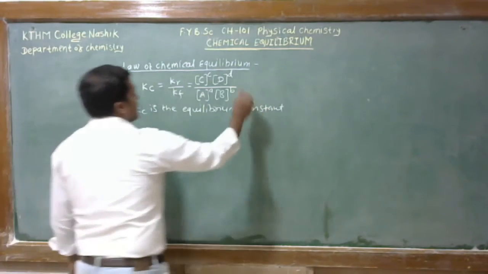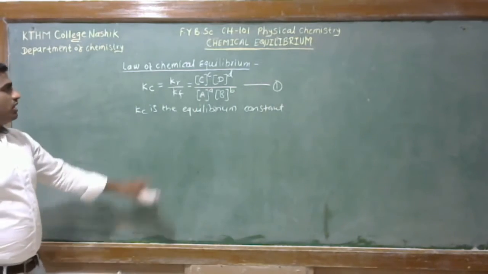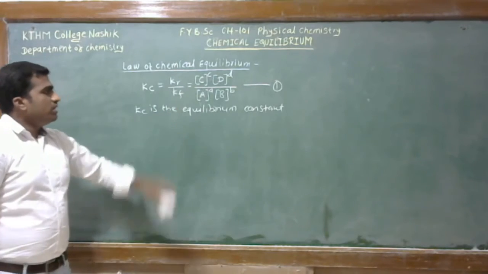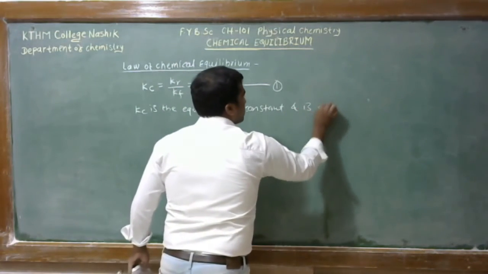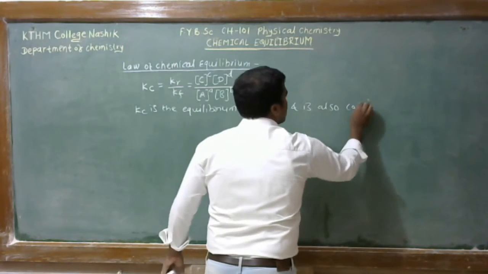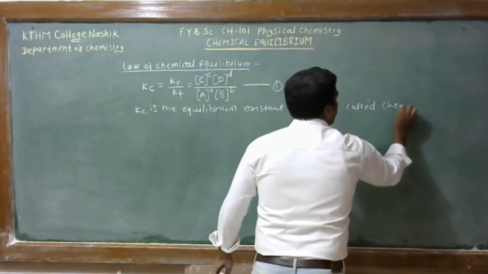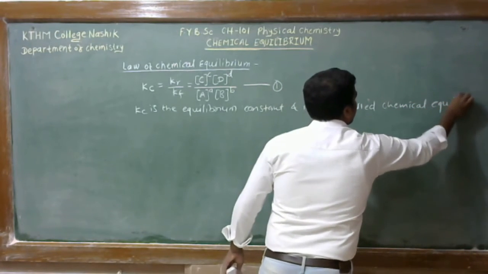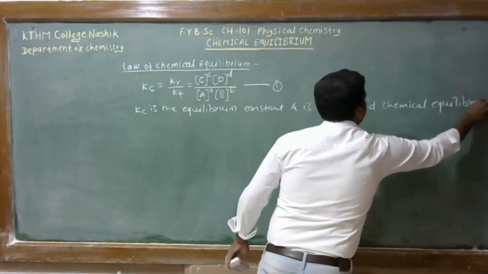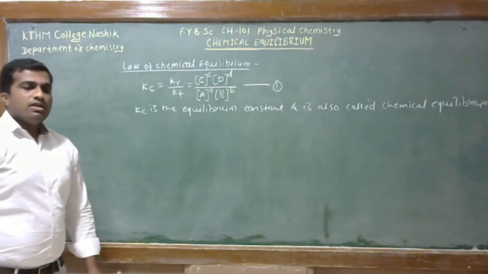If we consider equation number 1, so this equation number 1 is also called as chemical equilibrium.